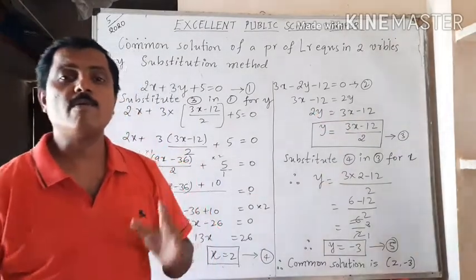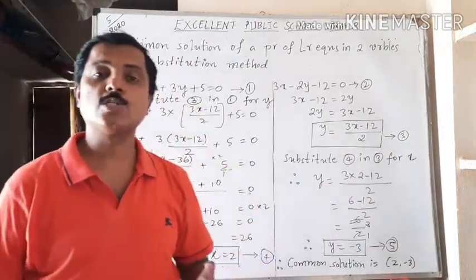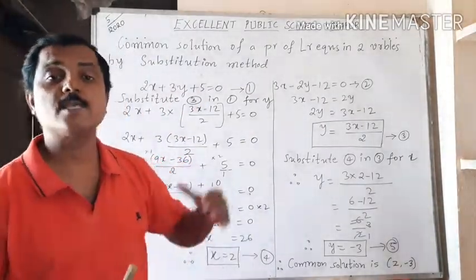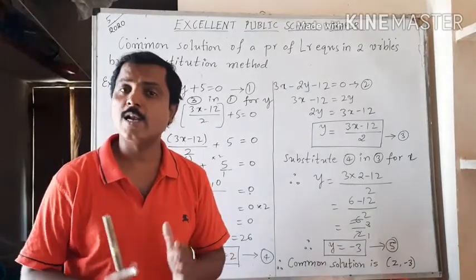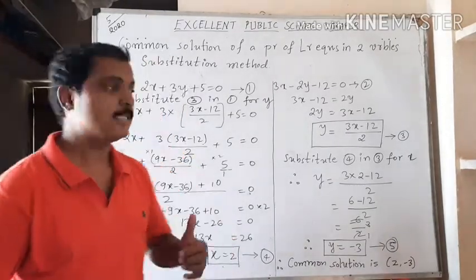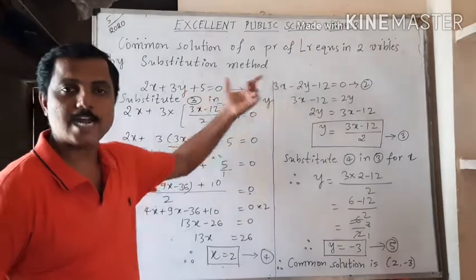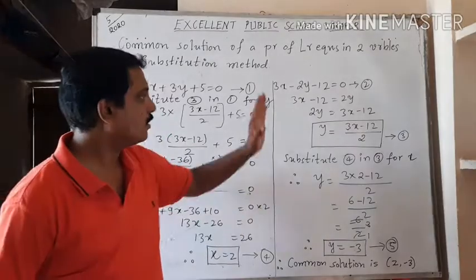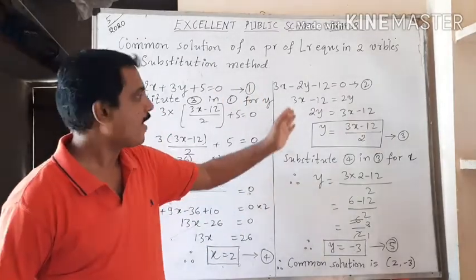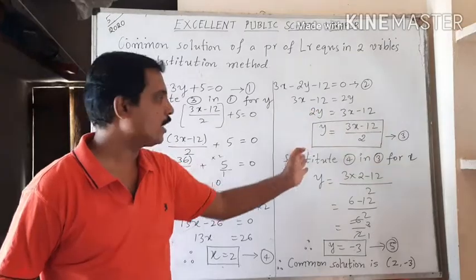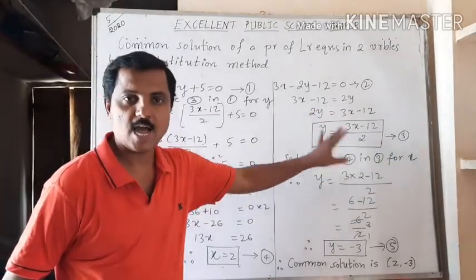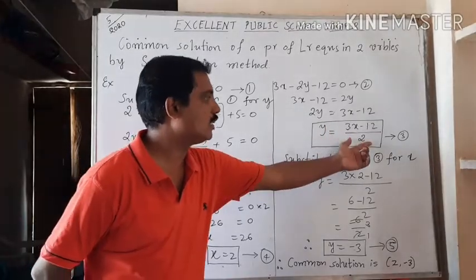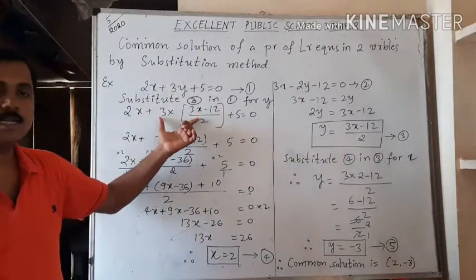This is how we find the common solution for a given pair of linear equations in two variables by the substitution method. What do we learn in this substitution method? The given equations are brought to standard form and called equation 1 and equation 2. Keep any one equation as it is, and express the other equation either for y or for x. I have expressed it here for y. I put this value for y in equation 1.